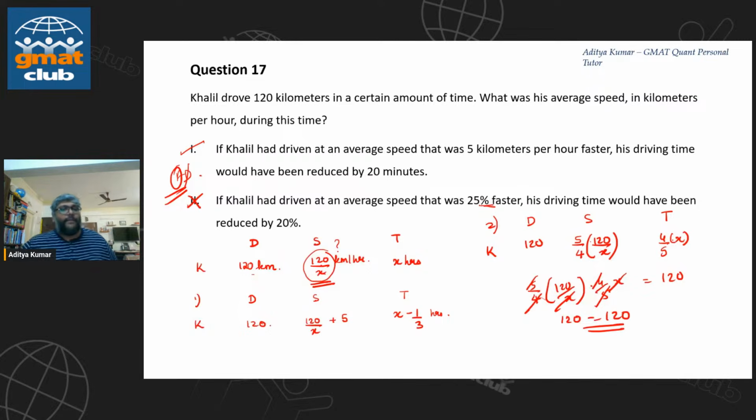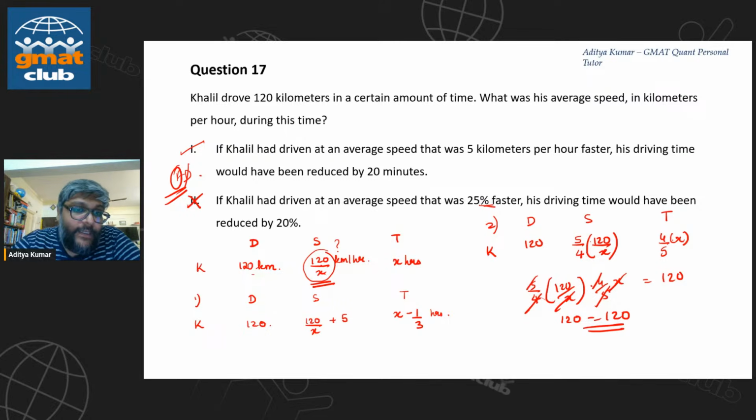So you see, even when I'm working with data sufficiency, I am not deviating from the process of working. I'm sticking to the same process and I'm just integrating the process of a word problem data sufficiency along with it. Got it? This is how I perceive and look at this entire topic of speed, distance, time.